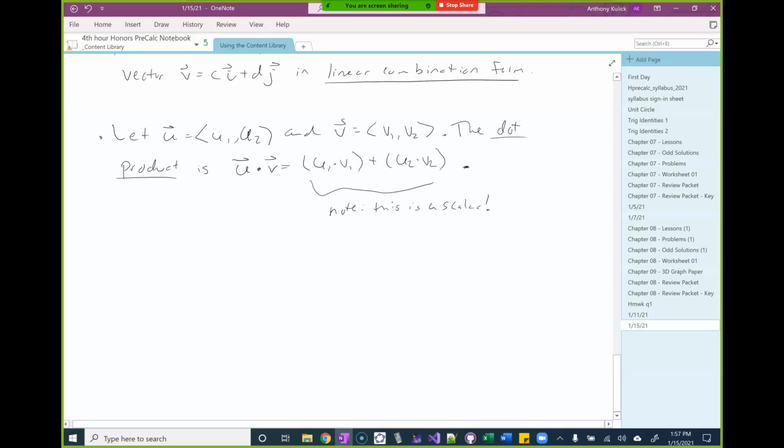So let's look at some properties of dot products. Some of these we're going to prove. So the first one is that the dot product is commutative.